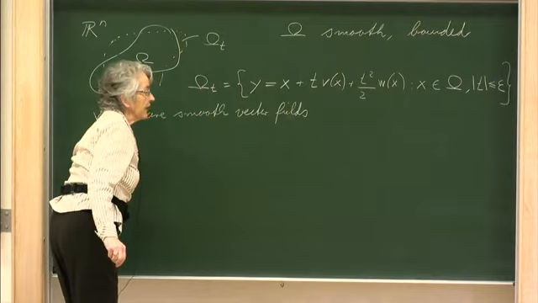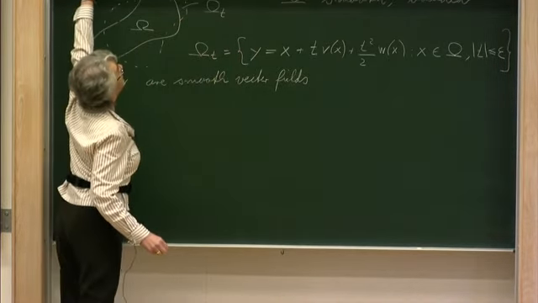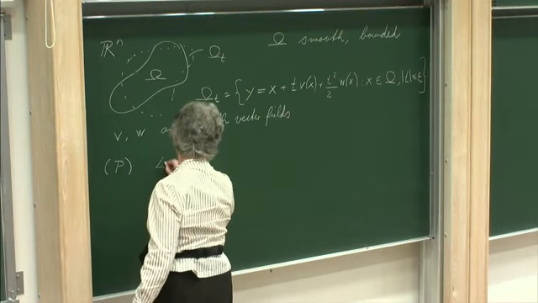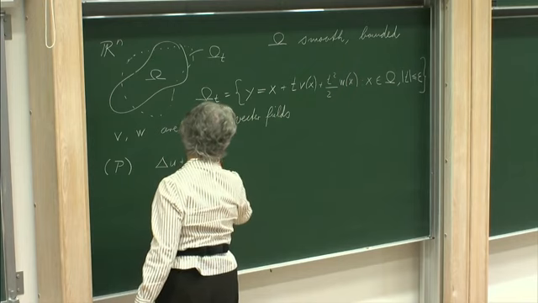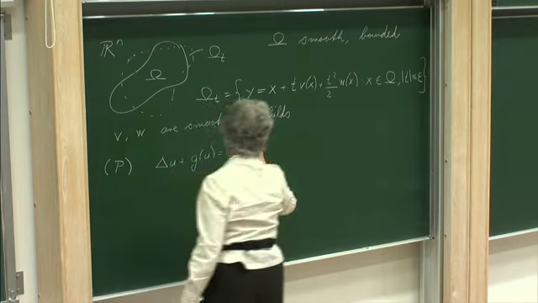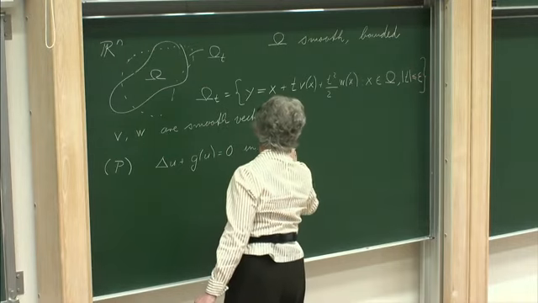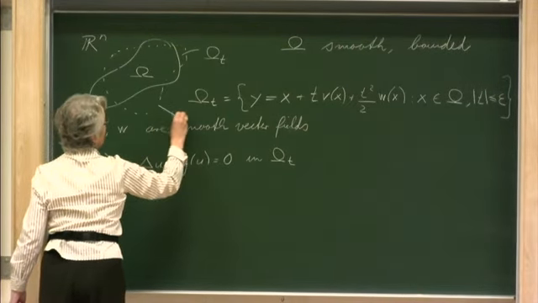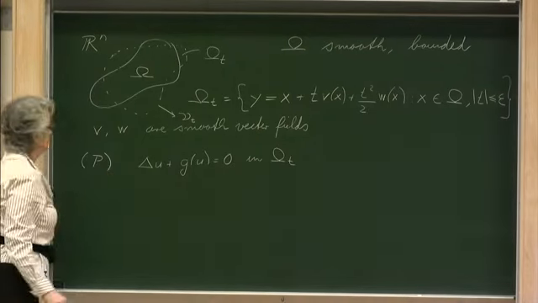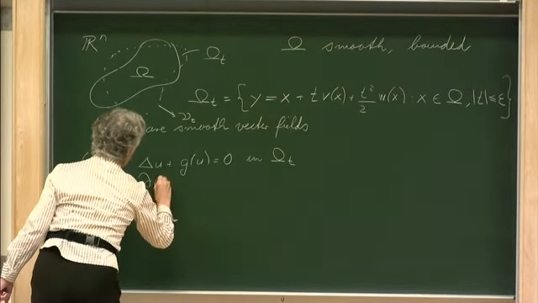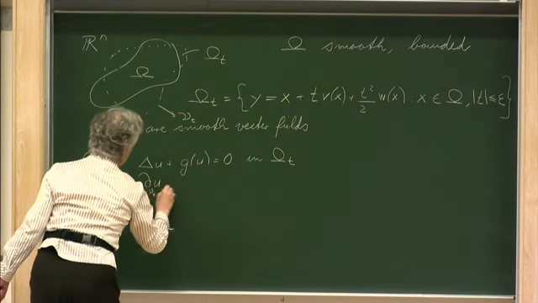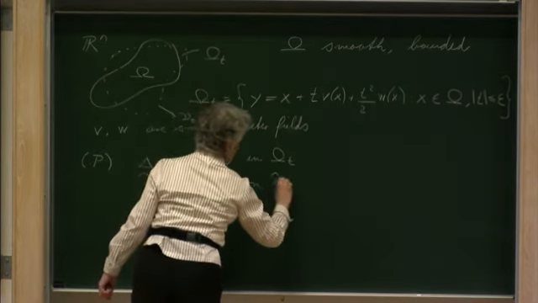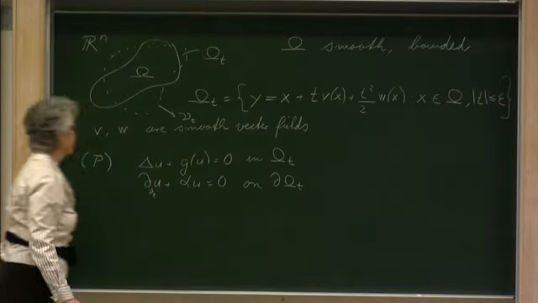I just take some simple model ones. So let's look first at problems of this type: Laplacian u plus g of u equals 0 in omega t, and the normal derivative, with normal nu t, of u plus alpha u equals 0 on the boundary of omega t.